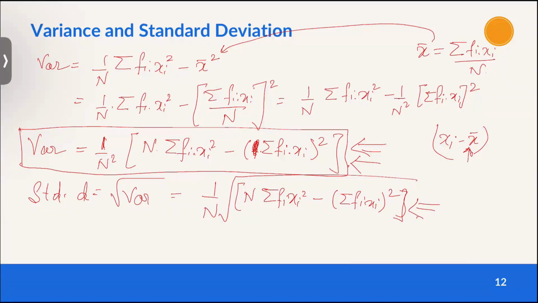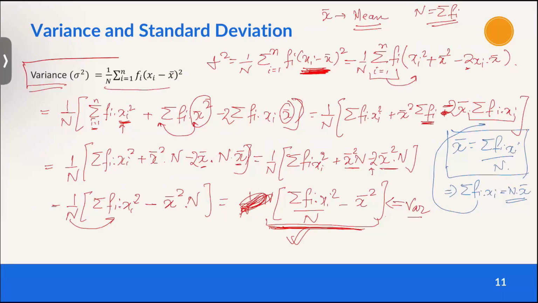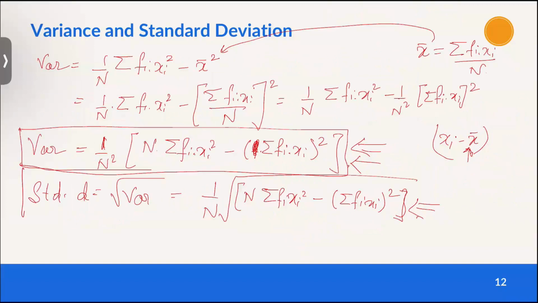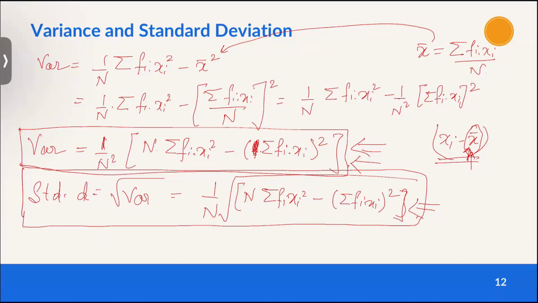So again, I'm saying we had one more formula. We had this formula, right? So why are we calculating so much and getting these two formulas? We are doing it because in these two formulas, we don't encounter the mean. So we don't have to calculate the mean and then take the deviations. We just have to multiply fi and xi and then fi times xi squared, and we will get everything else.